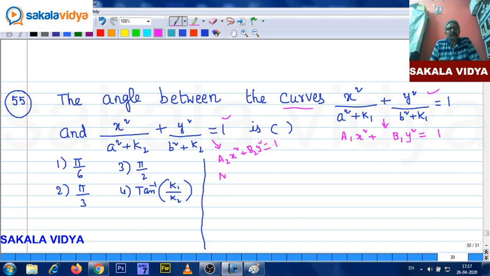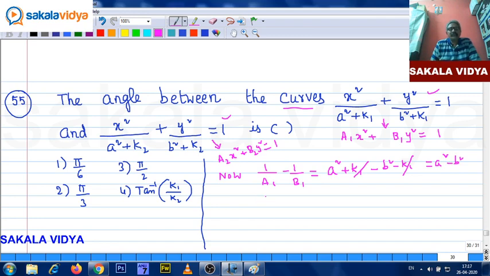Now, let us find 1 by a1 minus 1 by b1 from the first equation. 1 by a1 is a square plus k1, and 1 by b1 is b square plus k1. So you get a square plus k1 minus b square minus k1, both k1 cancel, and we have a square minus b square.